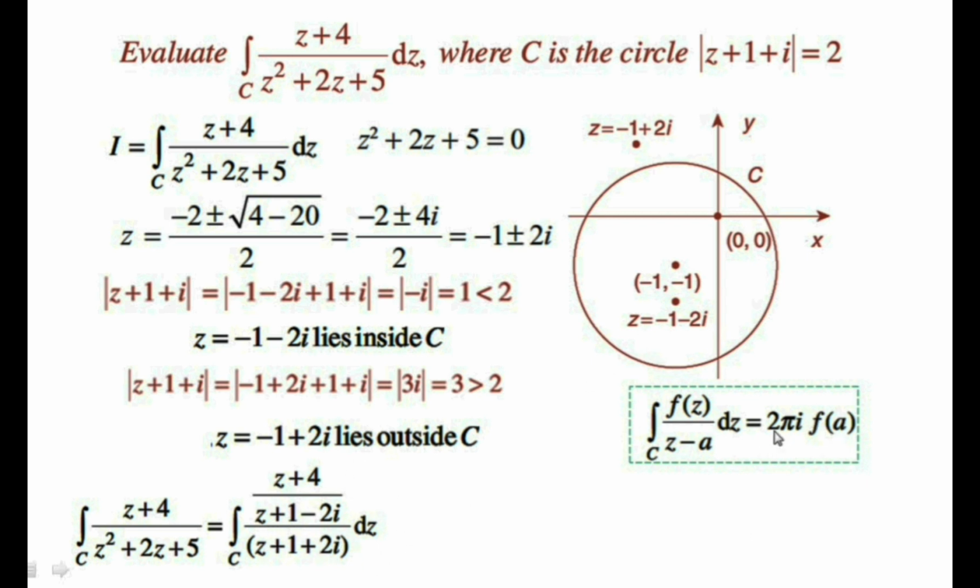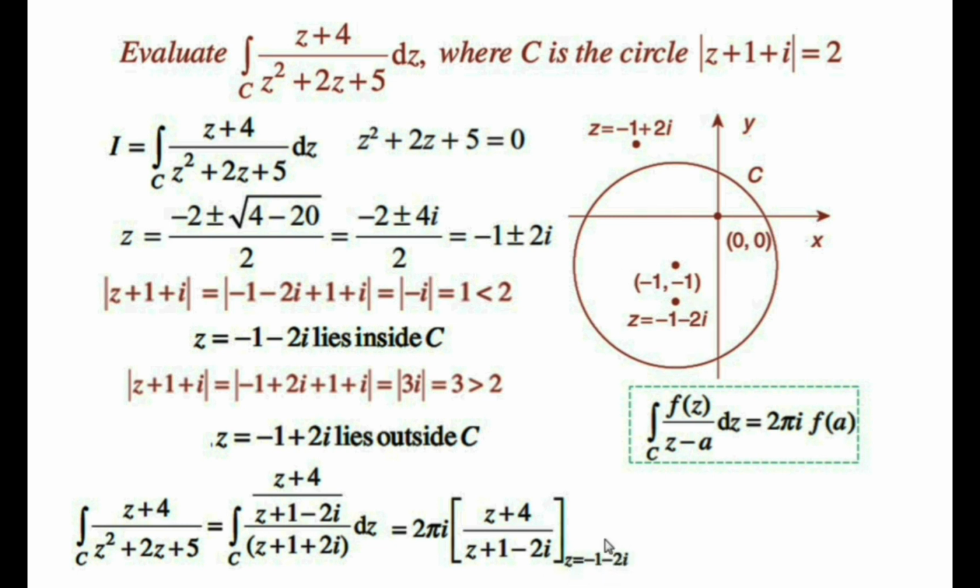By Cauchy's integral formula, the integral over C of f of z by z minus a dz is 2 pi i times f of a, which implies that the integral of (z plus 4)/(z plus 1 minus 2i) by (z plus 1 plus 2i) dz is 2 pi i times f of z, this (z plus 4) by (z plus 1 minus 2i). So only the point -1 minus 2i lies inside the closed curve C.